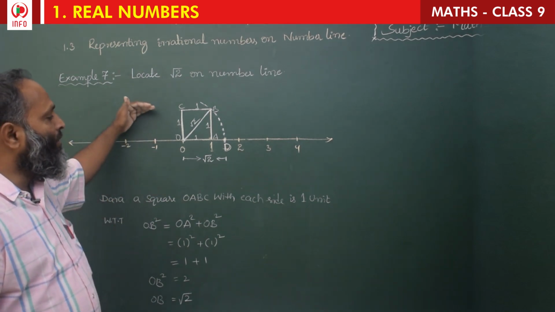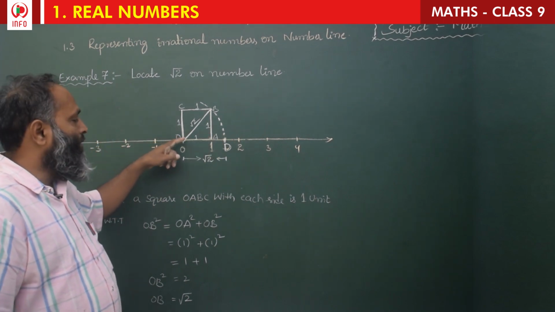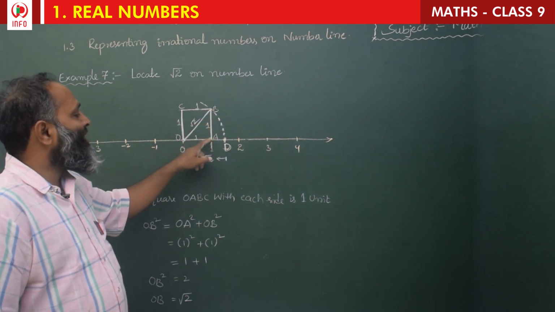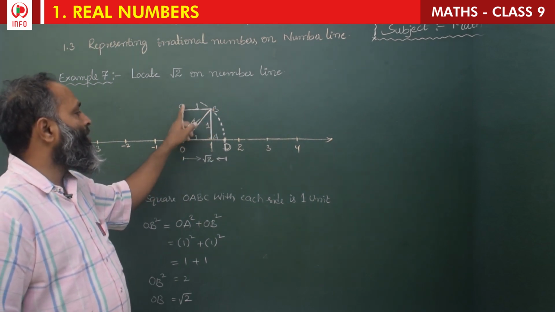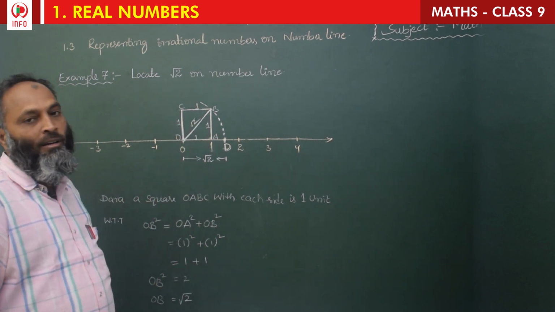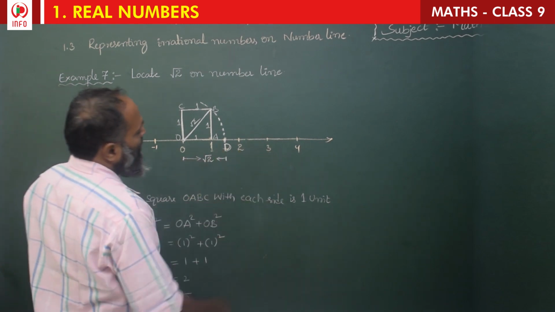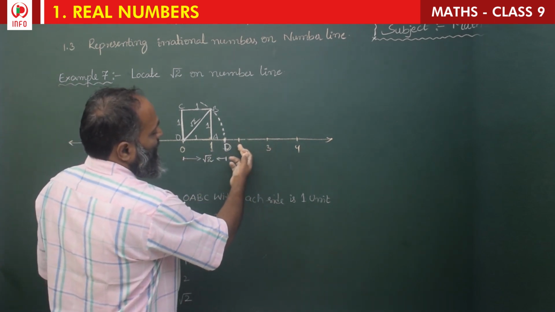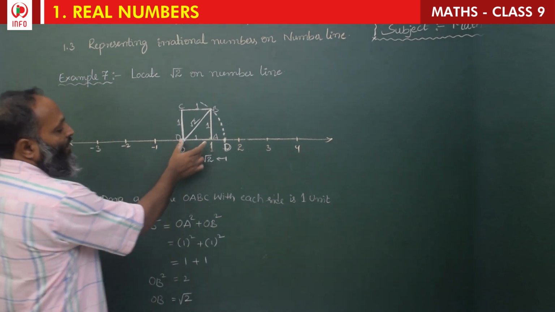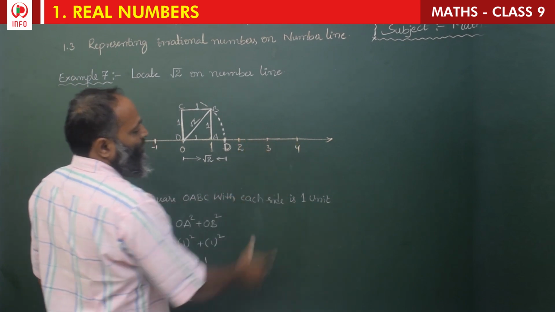First, what should we do? First we should draw a square of side 1 unit. OA is equal to OB is equal to AB is equal to BC is equal to CO. All the sides are 1 unit. After that, mark the numbers on the number line 1, 2, 3, 4, which are 1 unit each. From 0 to 1 is 1 centimeter, 1 to 2 is 1 centimeter, 2 to 3, 3 to 4 is 1 centimeter.